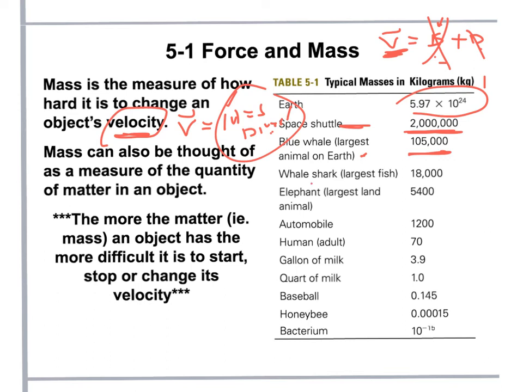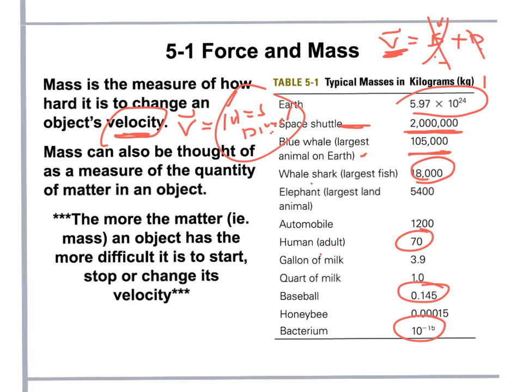One whale shark was 18,000 kilograms of mass or of matter. 70 kilograms for a human adult. And then, of course, here's the baseball. And then bacteria is in the negatives. It's very tiny, very hard to see. But that mass, again, is how much matter you have of that object. So the more matter you have, the more mass you have.